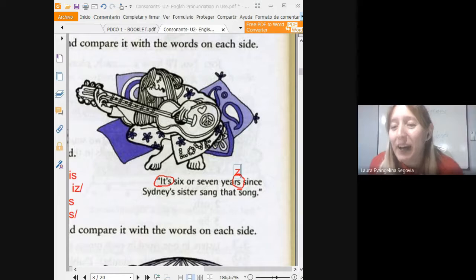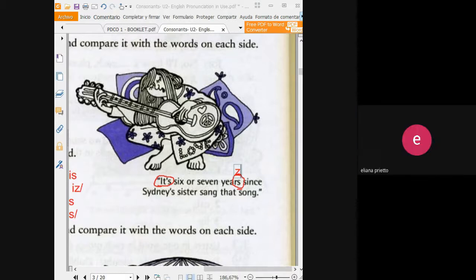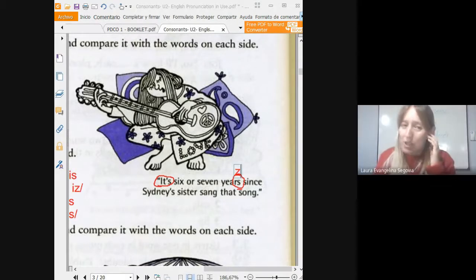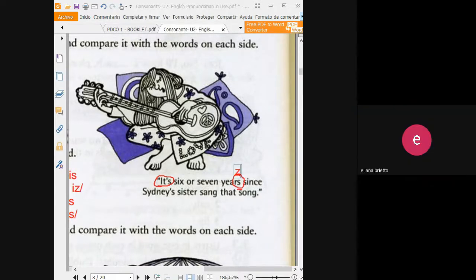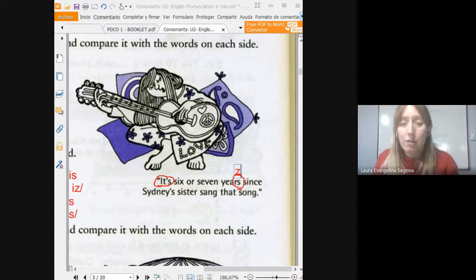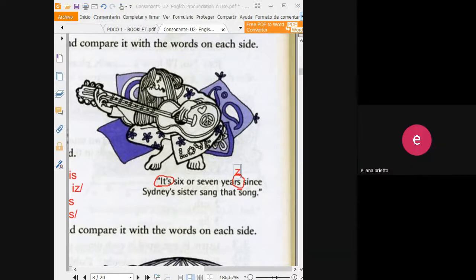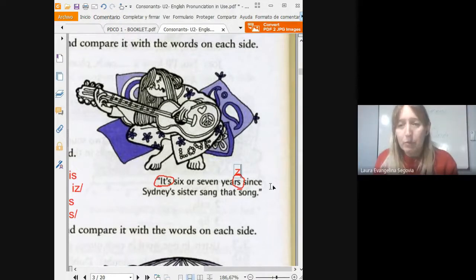Okay. Eliana, are you there? Yes. Okay, Eliana, come on, it's your turn. I can see the text. You cannot see the screen? I'm there.